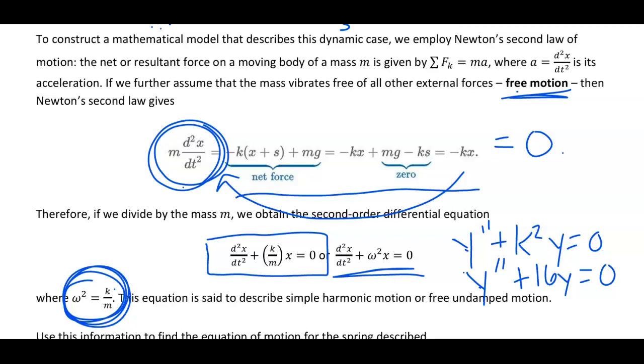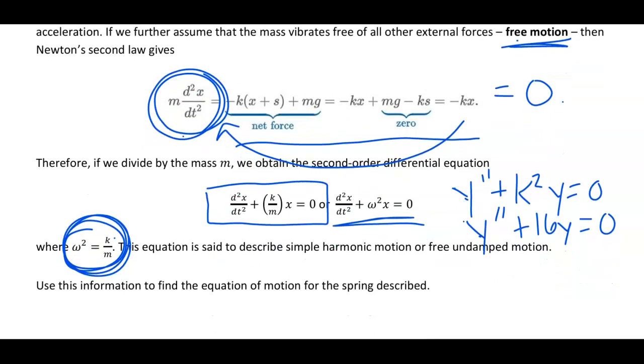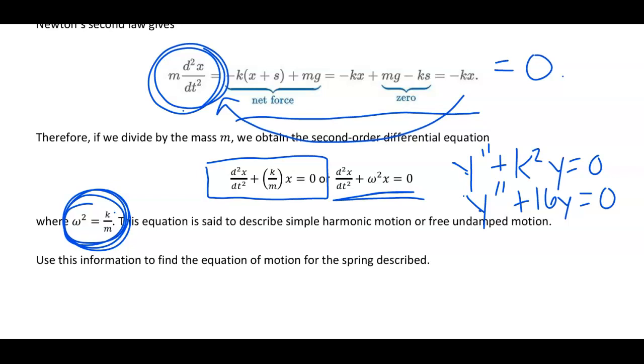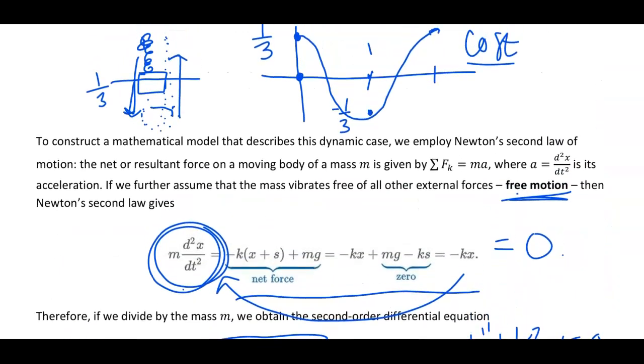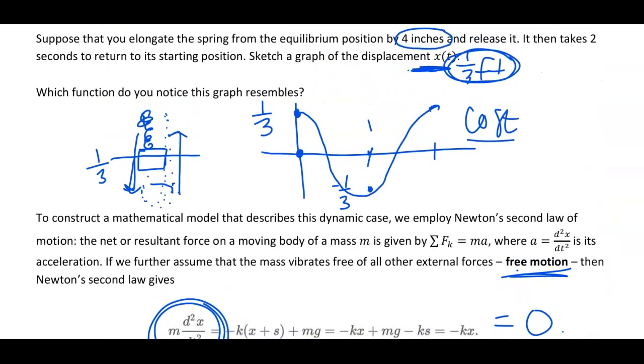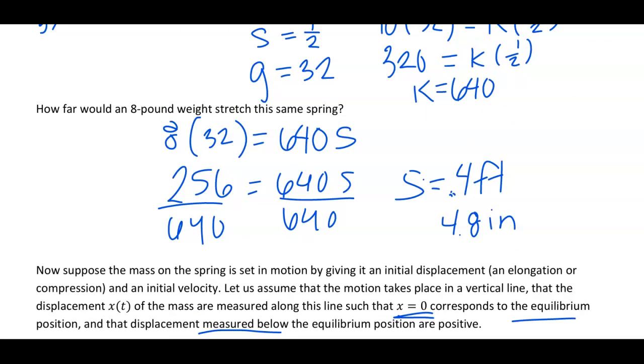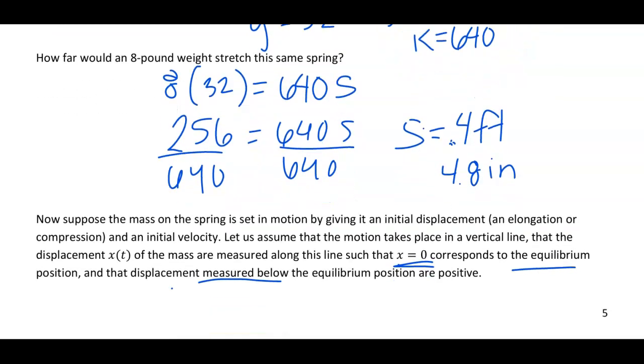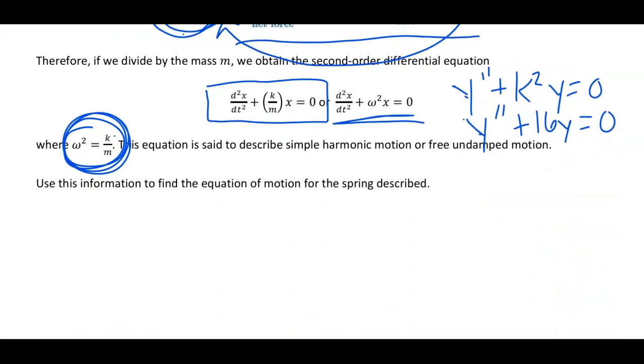All right, so let's talk about how we're going to figure out the actual equation for this. Let's go back up and see what we had here. What was our k value again? K was 640. We need that.